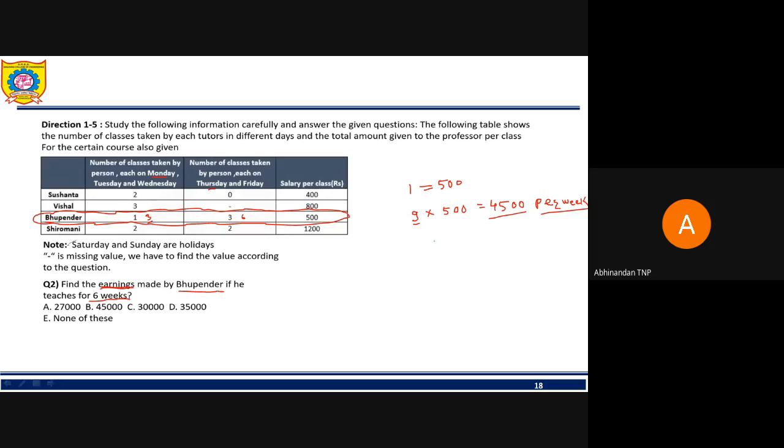So in 6 weeks, how much can he earn? It is 6 into 4,500.